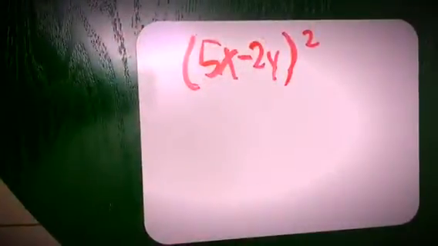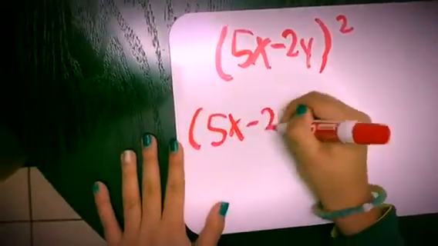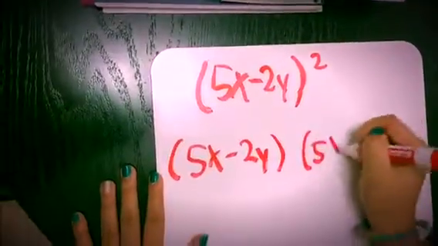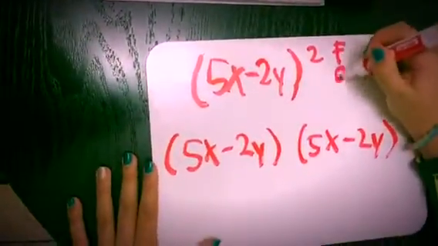Next equation, we're going to find the product: 5x minus 2y, and then write that again, 5x minus 2y. For this equation, you'll be using FOIL.